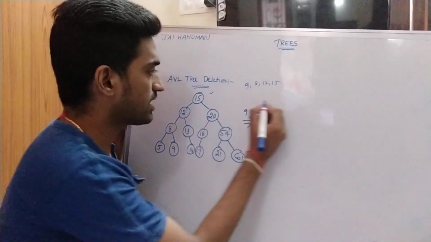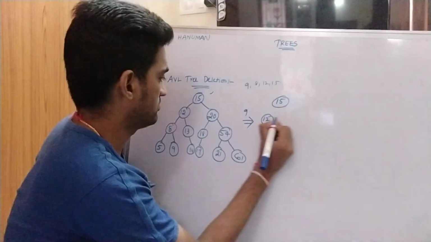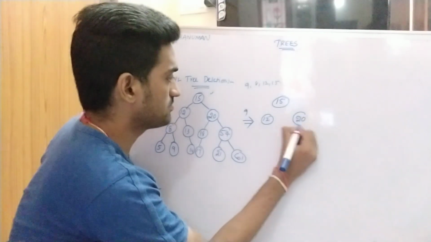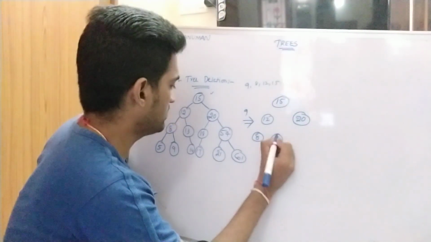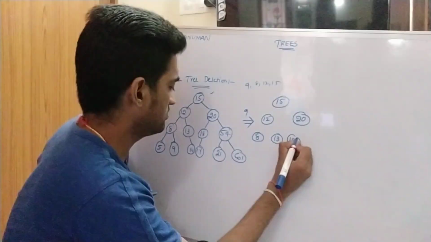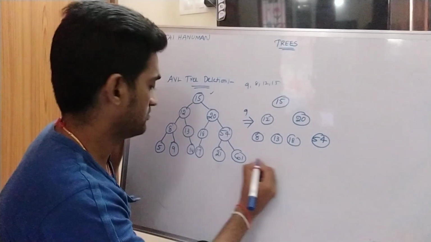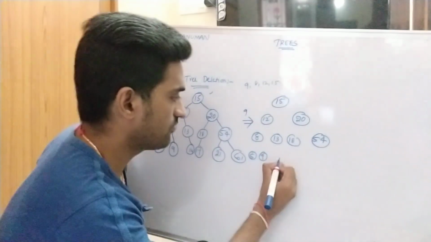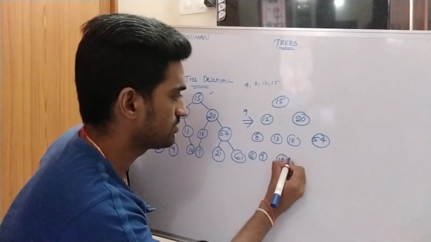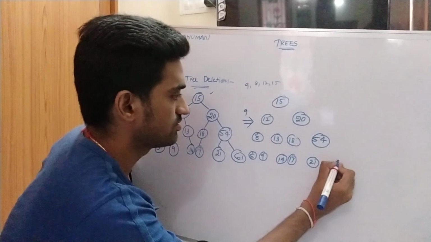So after deleting 9, the tree becomes 15, 12, 20, 8, 13, 18, 54, 5, 9, 14, 17, 21, 61.